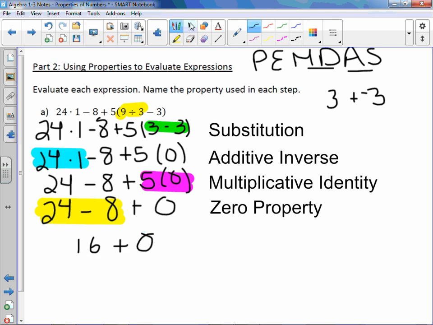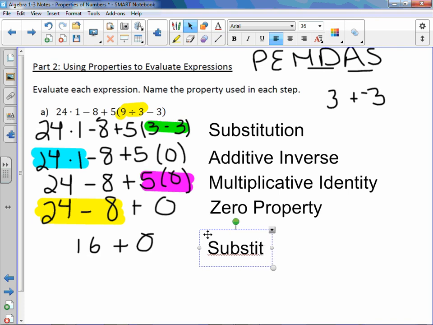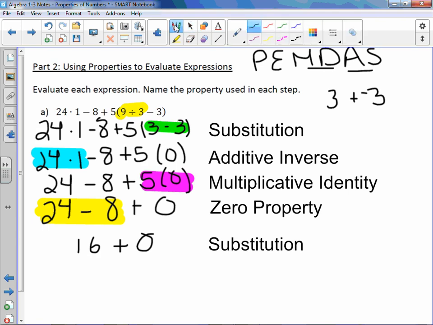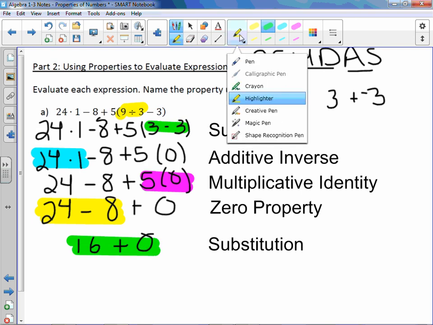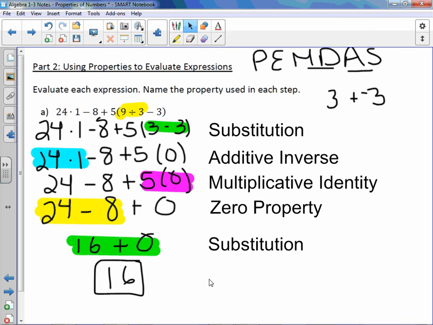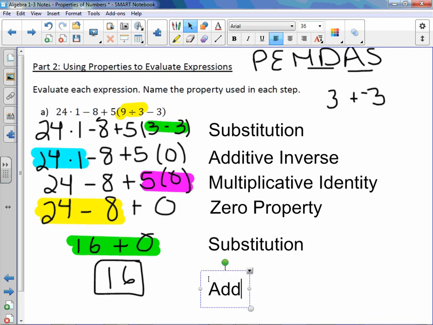Here again, we've used substitution. And then last but not least, we have 16 plus 0, which is 16, giving us our final answer. And what we used here was an additive identity.